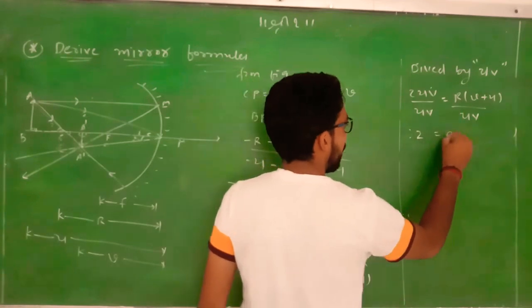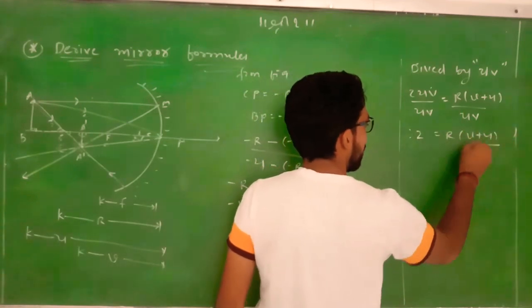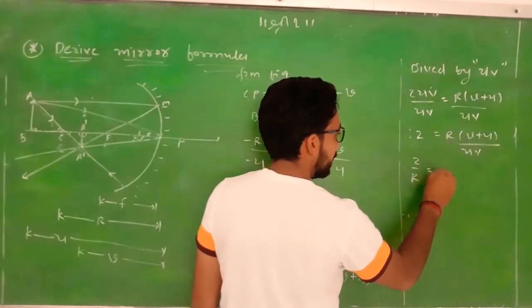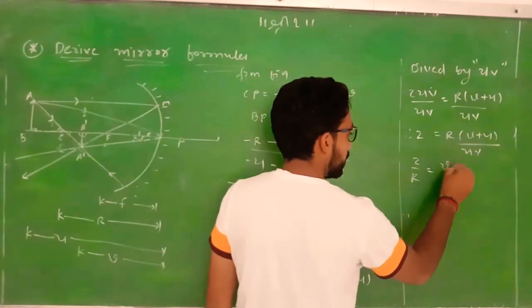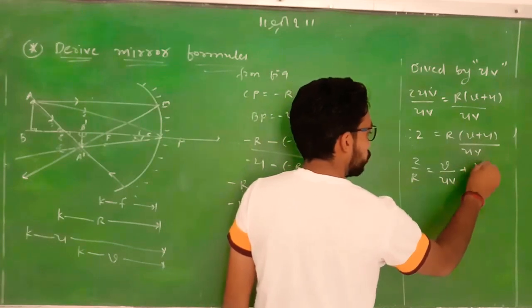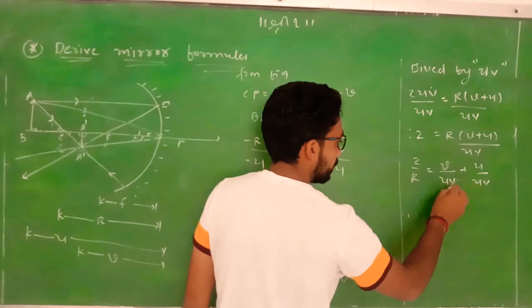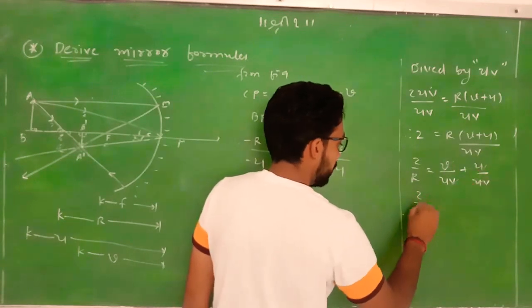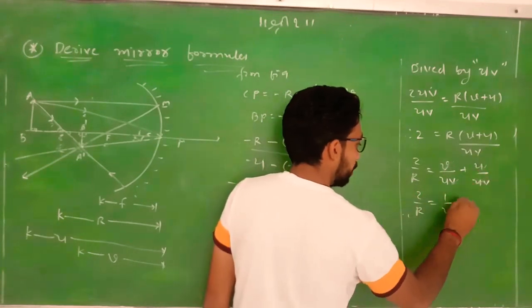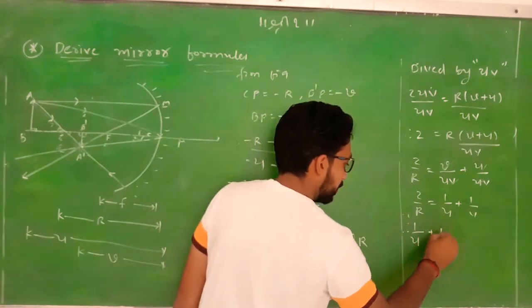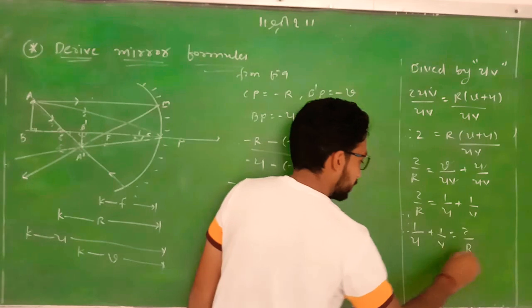This R times V plus U divided by UV. This R is taken here, 2 by R, and separate these terms. So V by UV plus U by UV. So here V cancels, here U cancels. So 2 by R is equal to 1 by U plus 1 by V. So we can write 1 by U plus 1 by V is equal to 2 by R.